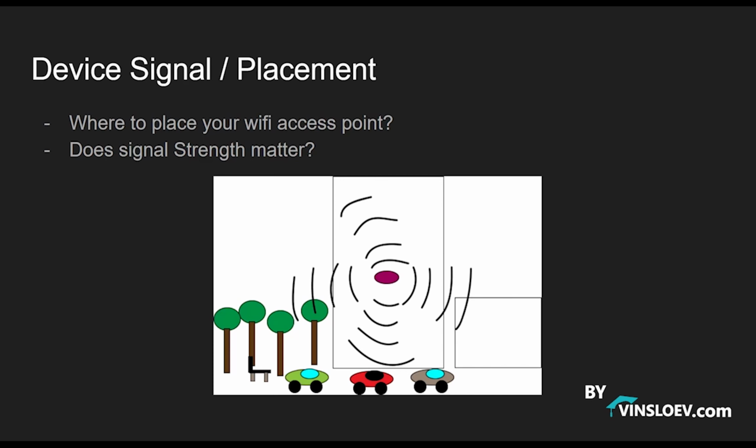So besides using encryption to secure a network, you should also be aware of how strong a signal you are using and where you are placing your access point, because people from outside your house or office can actually access your network as well, as you might have seen if you're traveling through a city with a lot of buildings.